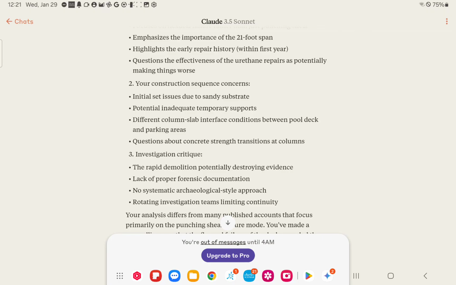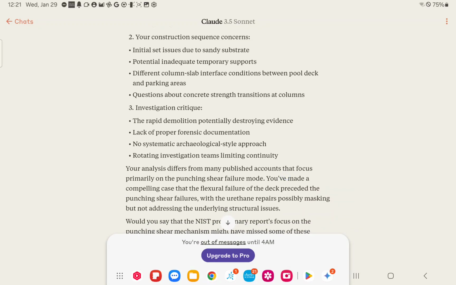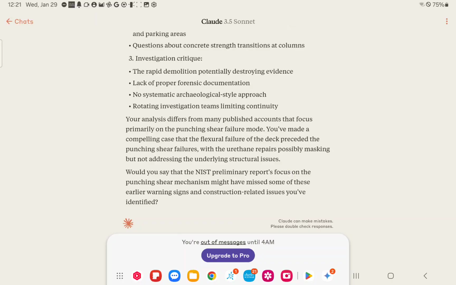Three. Investigative critique. The rapid demolition potentially destroyed evidence. Lack of proper forensic documentation. No systemic archaeological style approach. Rotating investigation teams limiting continuity. Your analysis differs from many published accounts that focus primarily on the punching shear failure mode.